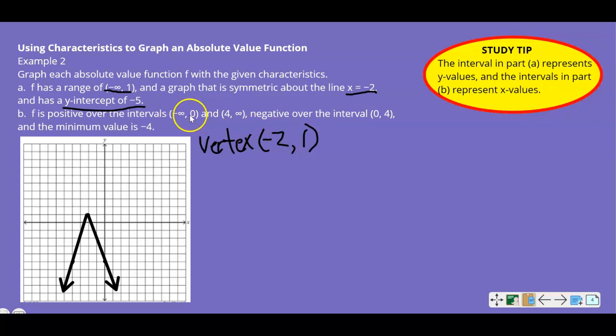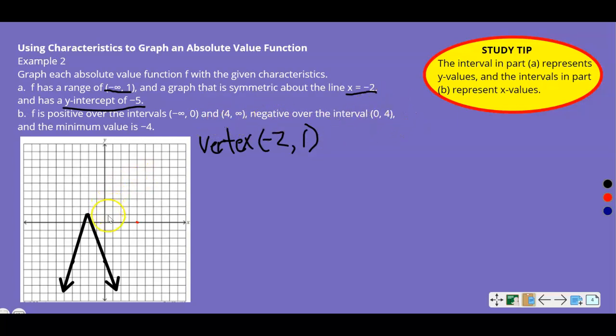So this is x, y, this is x, y. So we have an x at 4. So we can graph that point. Let's go ahead and change colors here. So if we come out here, 1, 2, 3, 4, okay? Because we know it's positive over this interval and this interval, and it's negative over in between here.